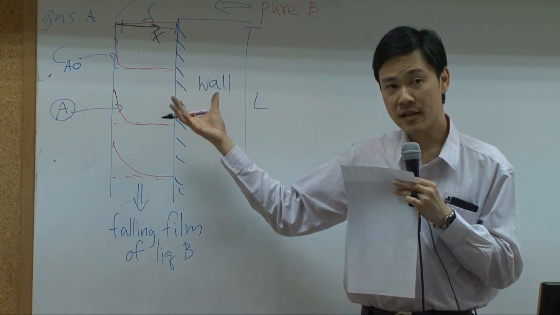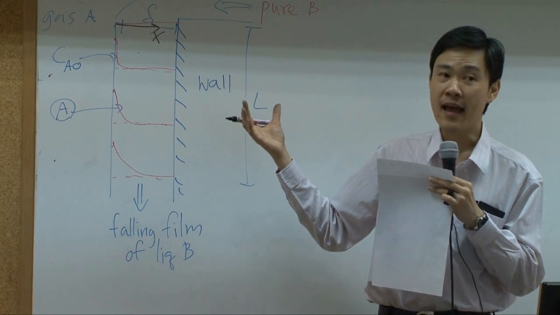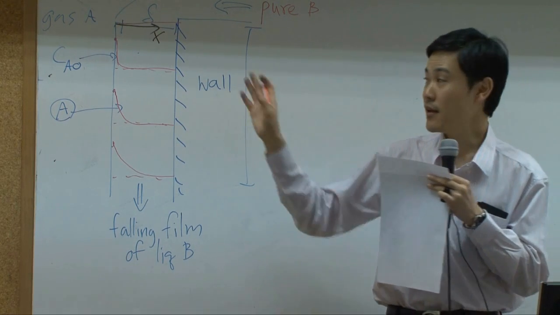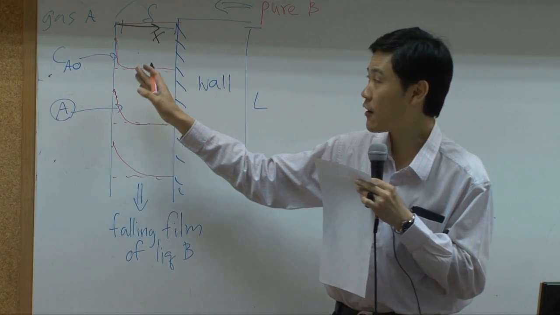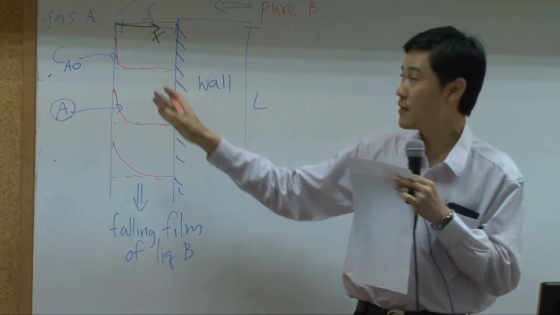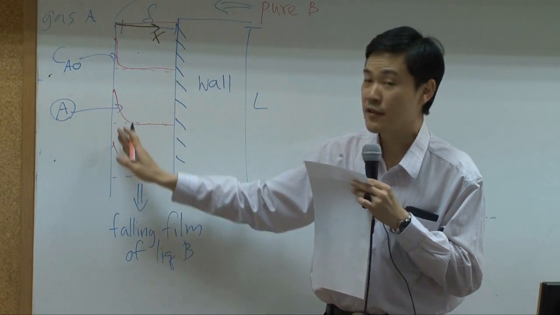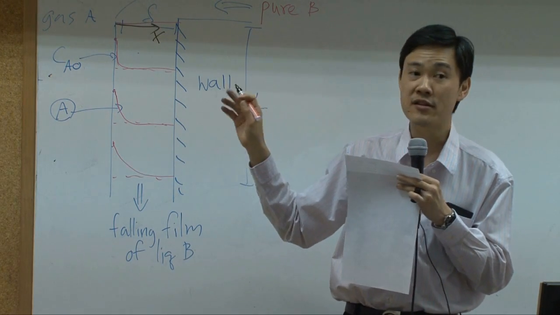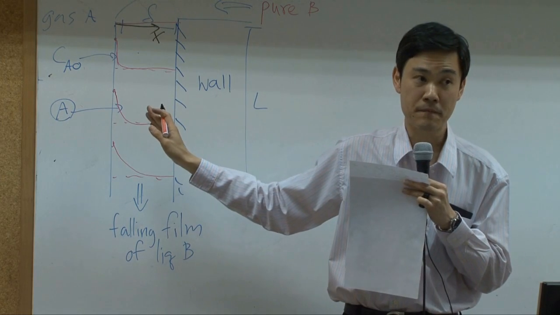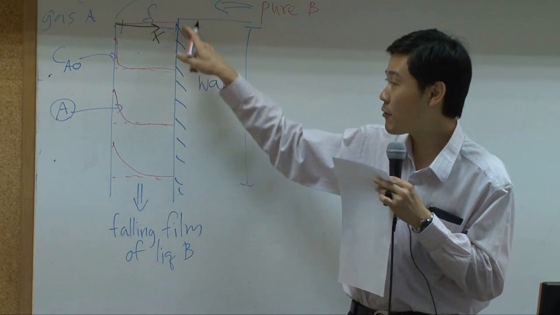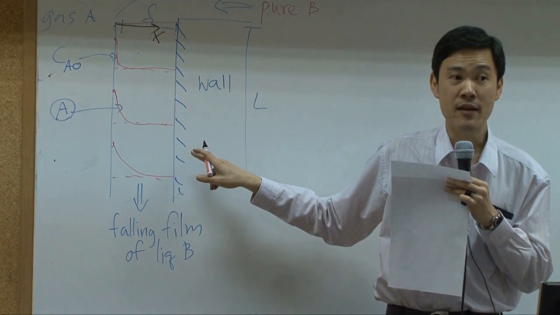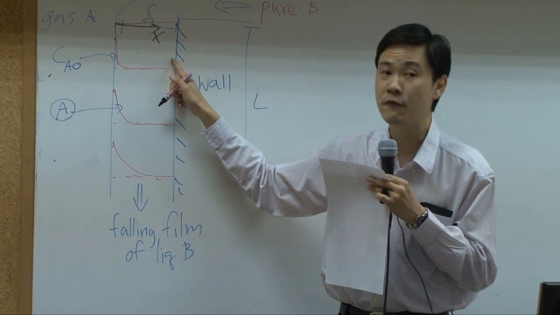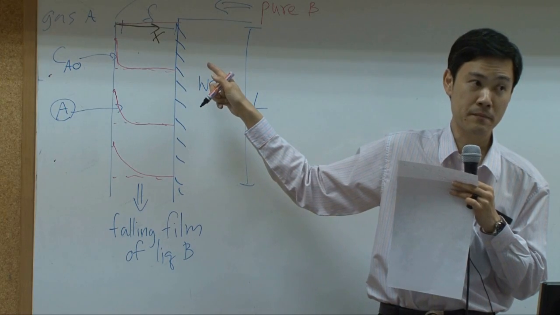But in this particular problem, A moves in two directions. In X direction, because of the difference in concentration. Around the surface here, concentration of A in the liquid is high. Around the wall here, concentration of A in the liquid is lower. So therefore, you have driving force for diffusion in X direction.